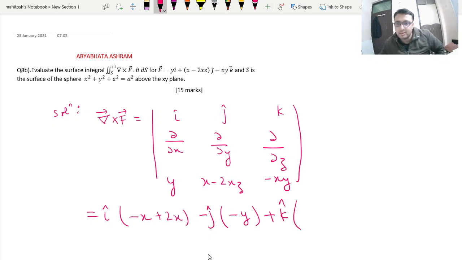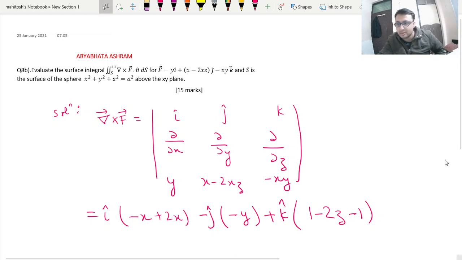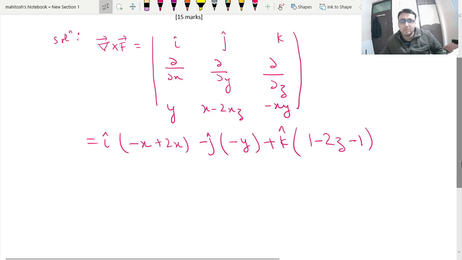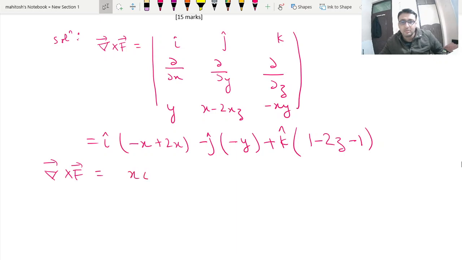Finally we have 1 minus 2z and minus 1. So we got our curl. This is nothing but x i cap plus y j cap minus 2z k cap.